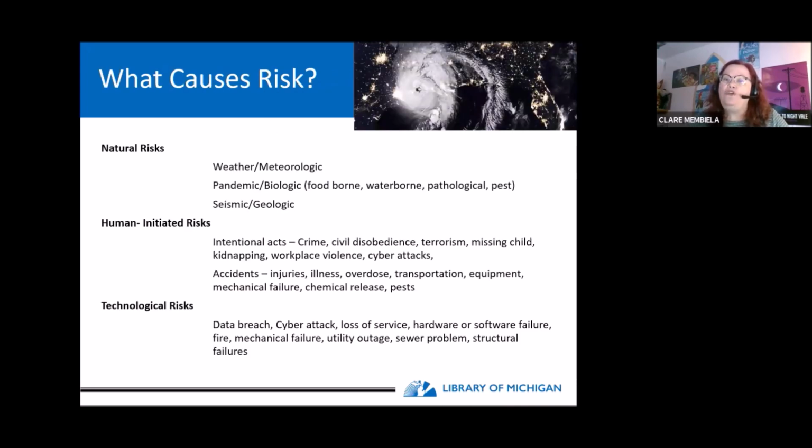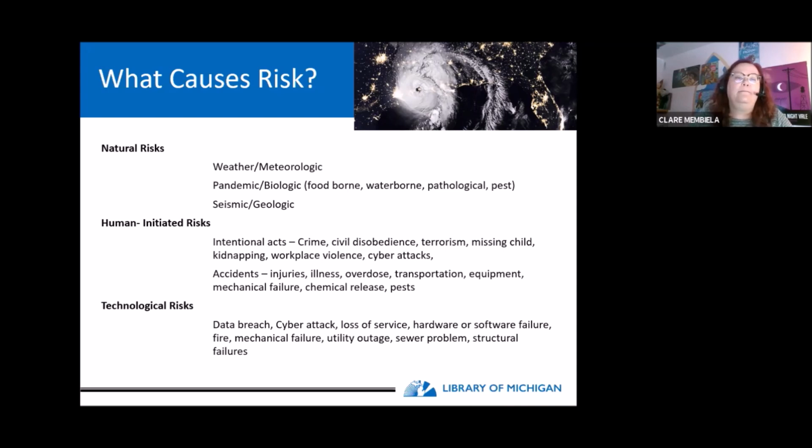So if those are the risks, what causes these risks? Well, if you look at the experts and you look at the risk assessment guides and the risk management guides, they kind of break risk into different categories. And one of the nicest ones I saw broke it into these three different categories. So you have natural risks, which fall into the category of natural disasters, right?